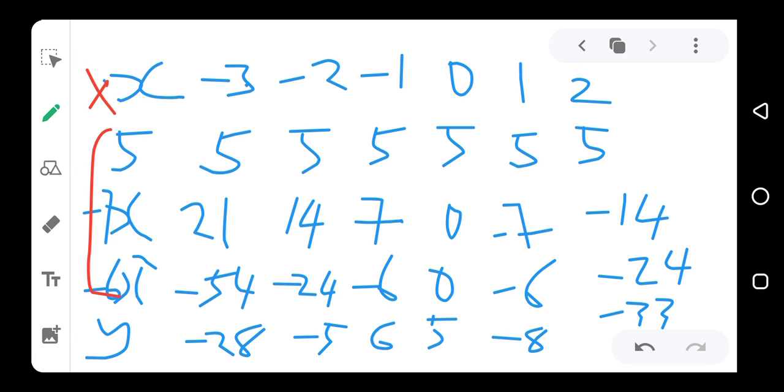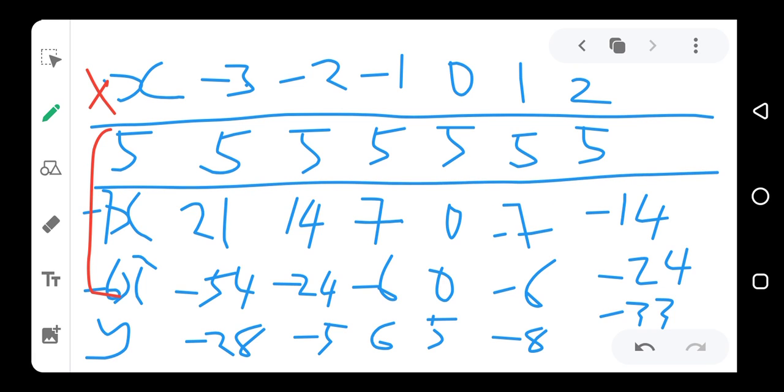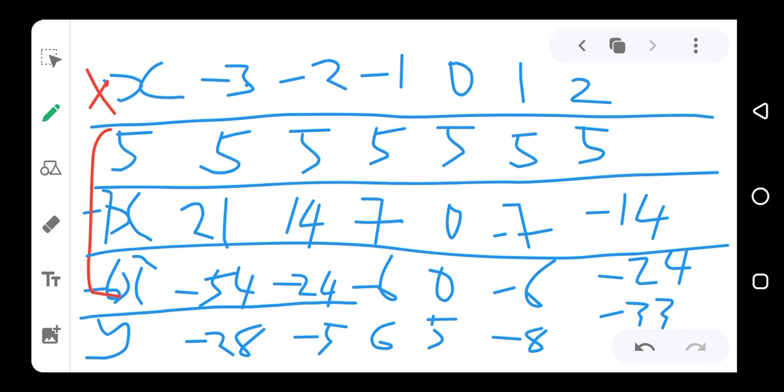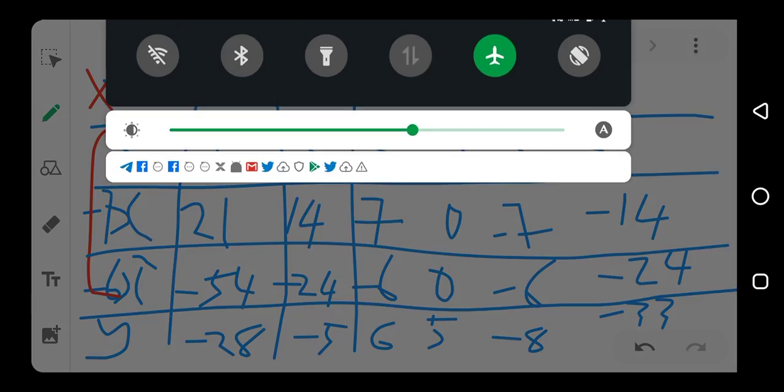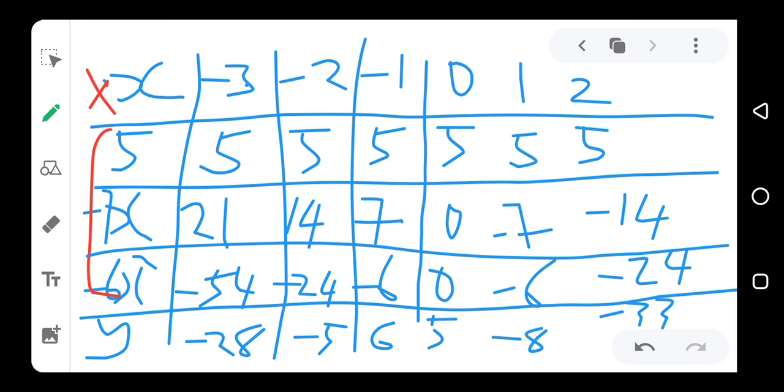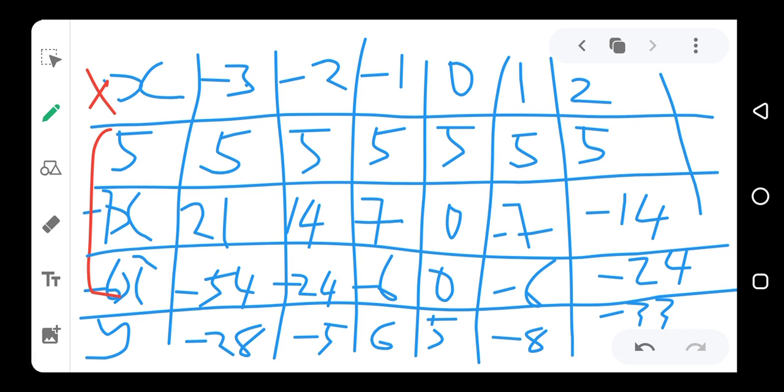Alright, so this is how to create this table.